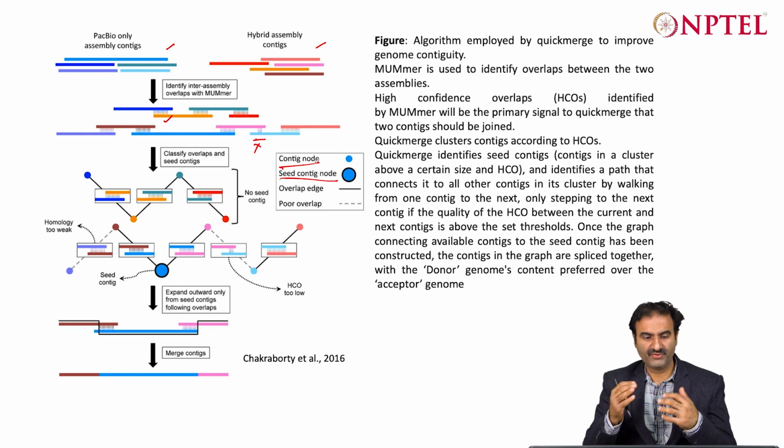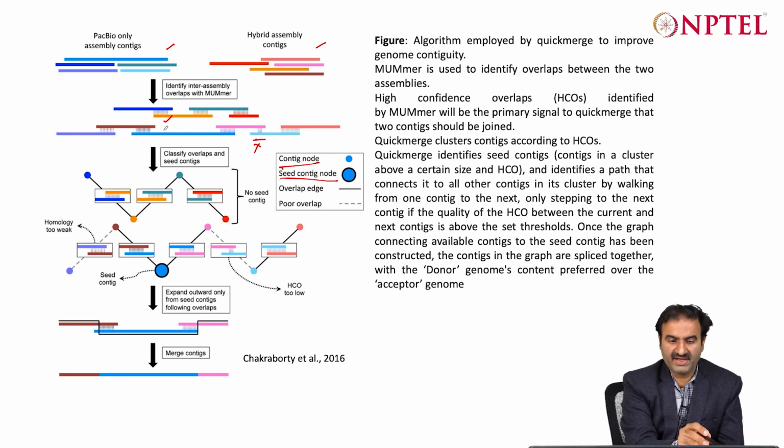So once it finds those, it makes the seed contig. Like in this case, if you see, blue, orange and this are taken here, and in this case you can see maroon and blue color. You can see they had a nice overlap, so it is connecting those.